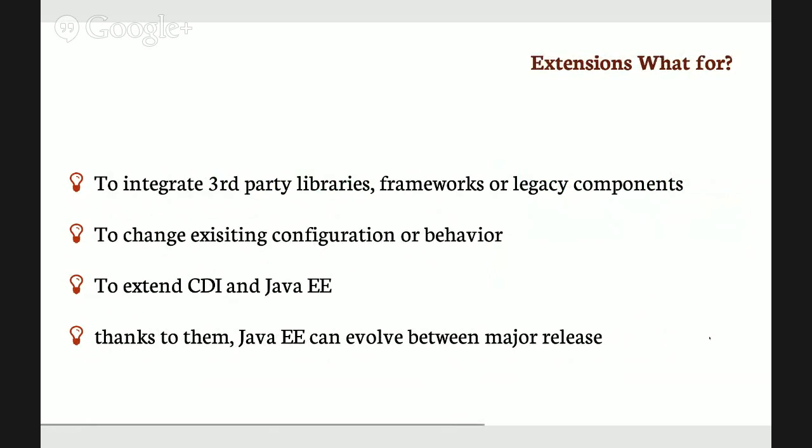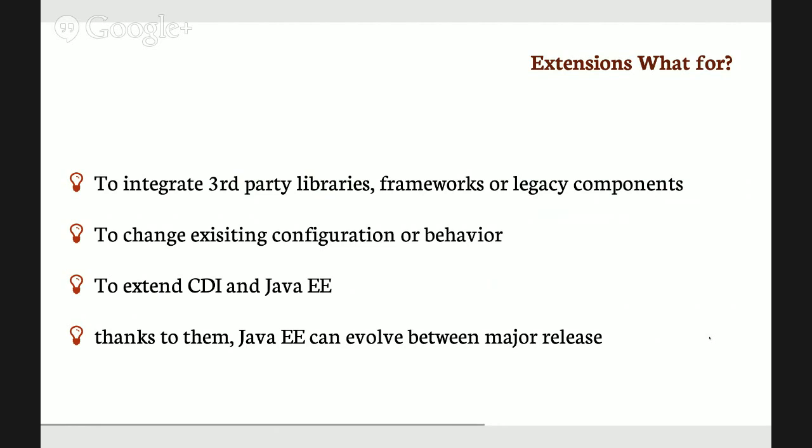What are we using extensions for? As I said, it's very often to integrate third-party libraries, frameworks, or legacy components. You can also use it to change existing configuration or the behavior of existing configuration.